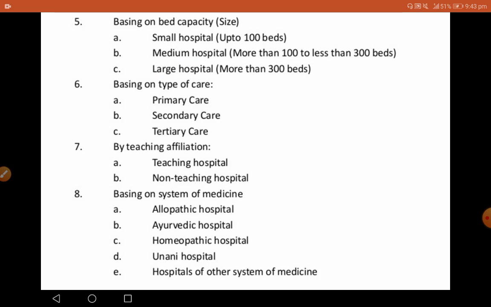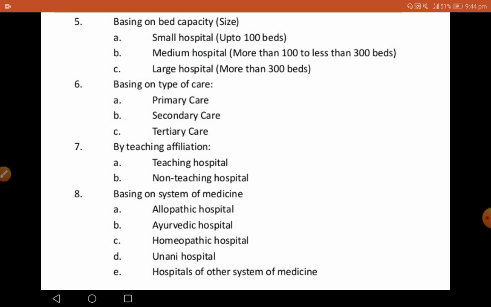Then next is based on the type of care. Based on type of care it is classified into three types: primary, secondary and tertiary. Then based on teaching affiliation, hospitals are classified into teaching and non-teaching hospitals. Then based on the system of medicine, which I have already discussed, hospitals are classified into allopathic, Ayurvedic, homeopathic, Unani and hospitals of other systems of medicine.